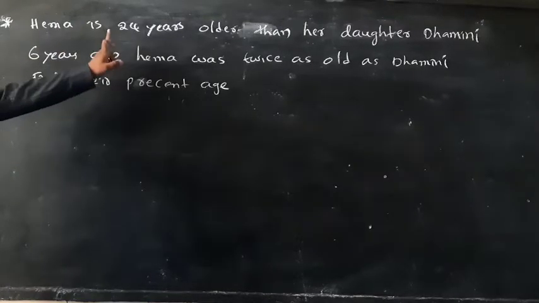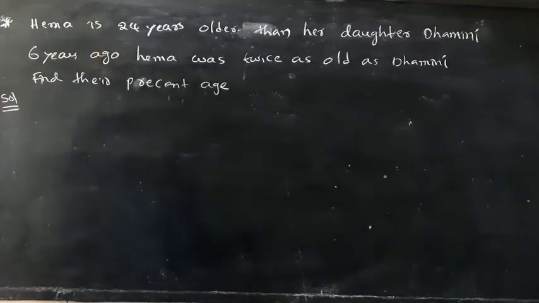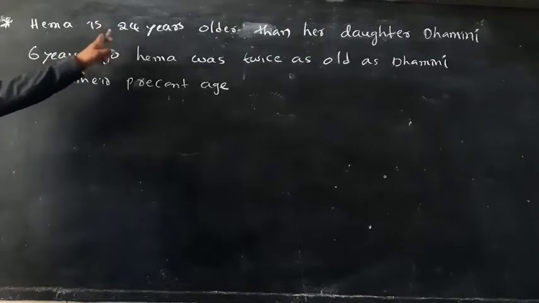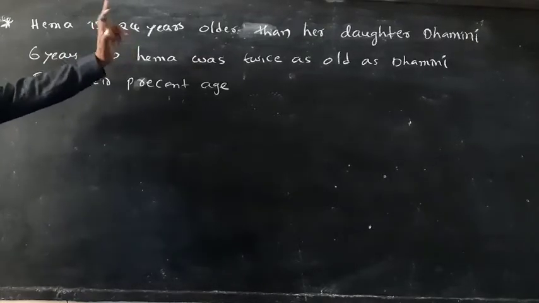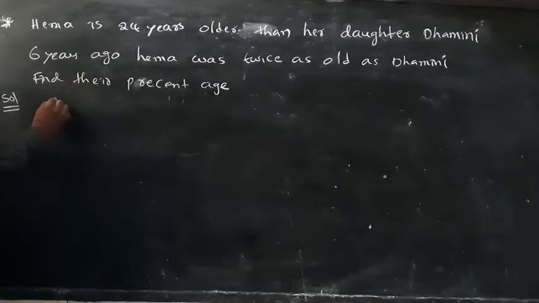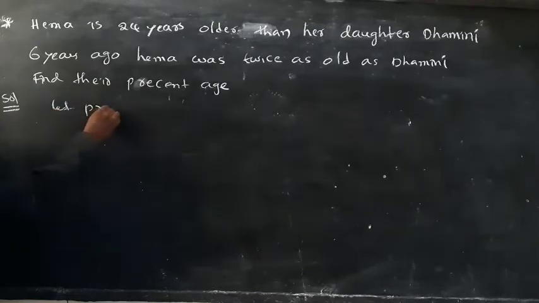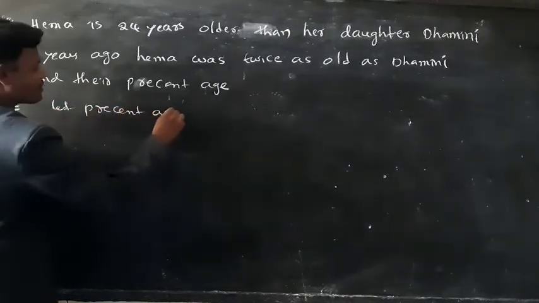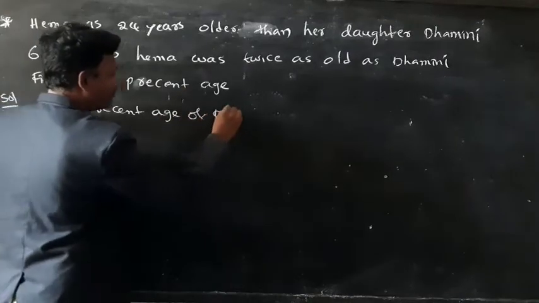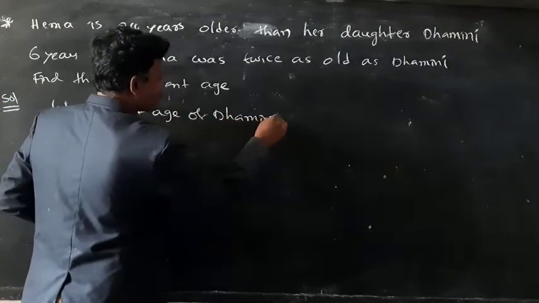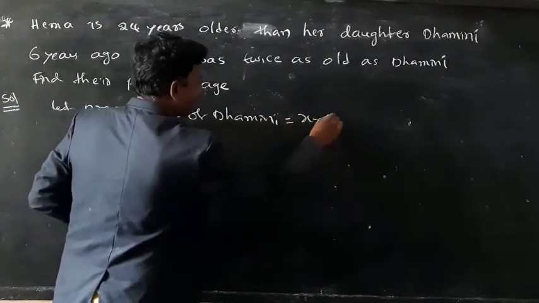So here, another question in the division class. Hema is 24 years older than her daughter. Let the present age of Damini is equal to x years.